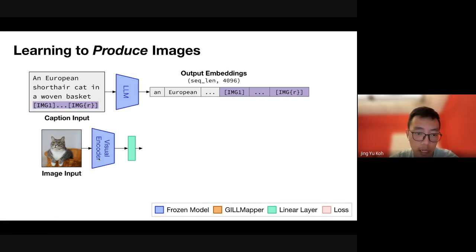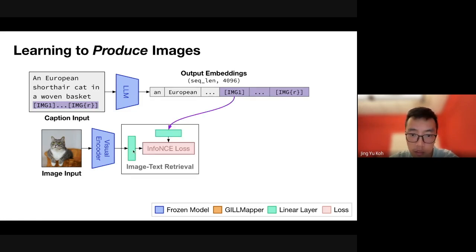We also compress the image using the same visual encoder, and it's passed through a linear layer. When we retrieve an image, we take the first image embedding, we pass it to a linear layer, and we run an InfoNCE loss between these two. So we're learning to map into a space where image and text vectors are semantically similar.